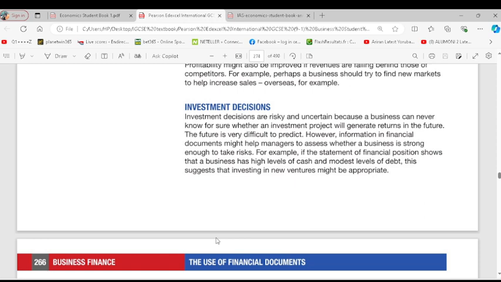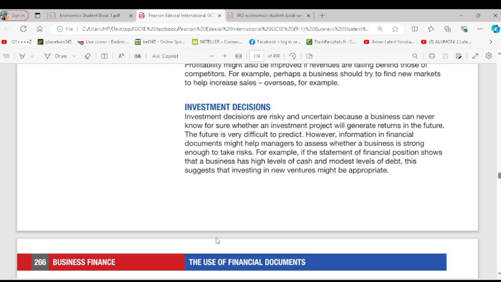So, for managers, because they have access to information and financial documents, they can assess whether the business has the financial capability to take the risk. The manager has to decide about that. If we have enough money, then we can take the risk. If we don't have enough money right now, we can't take this risk.